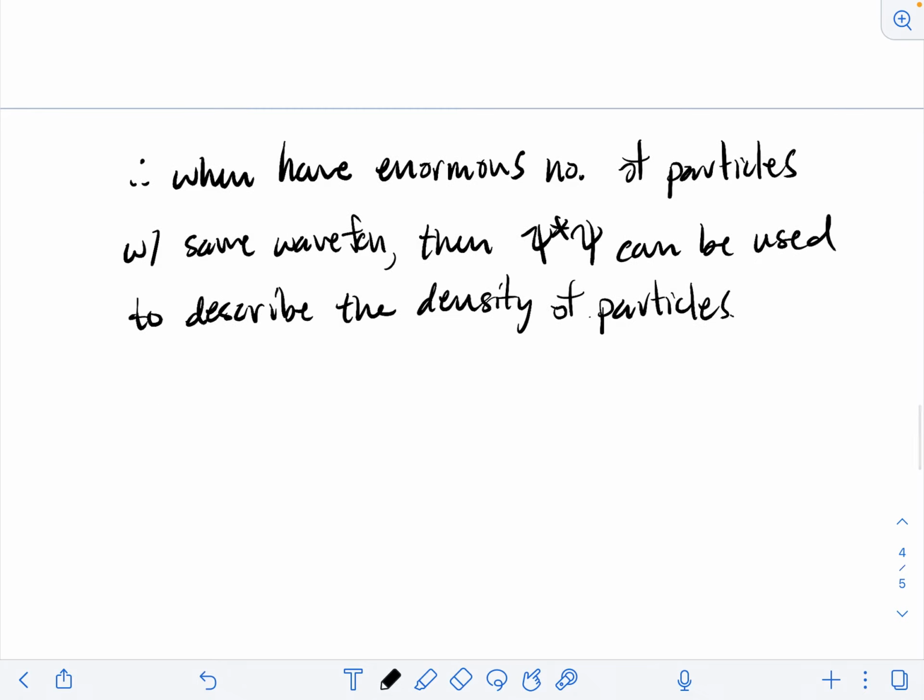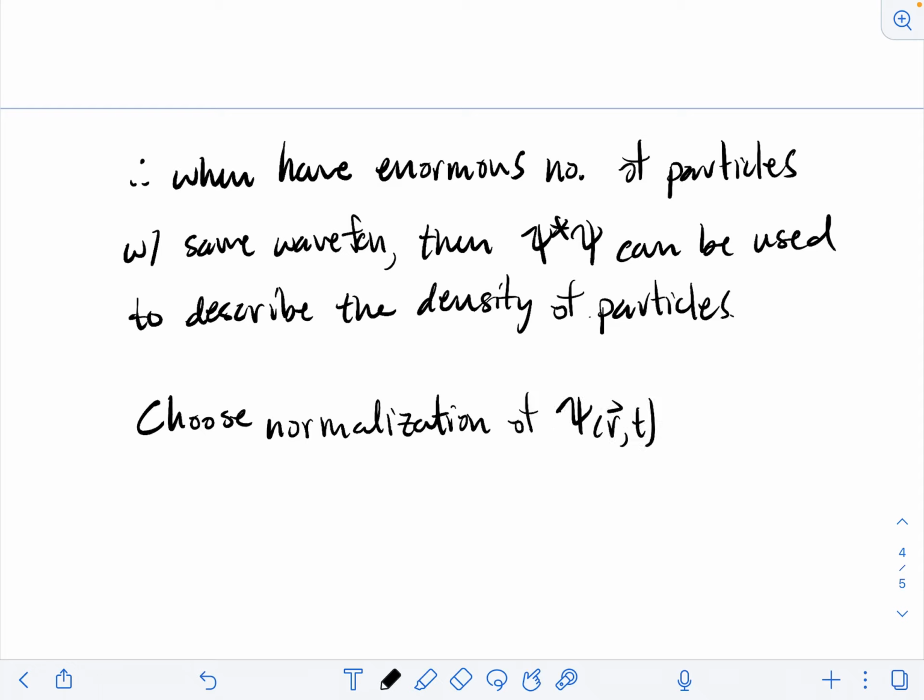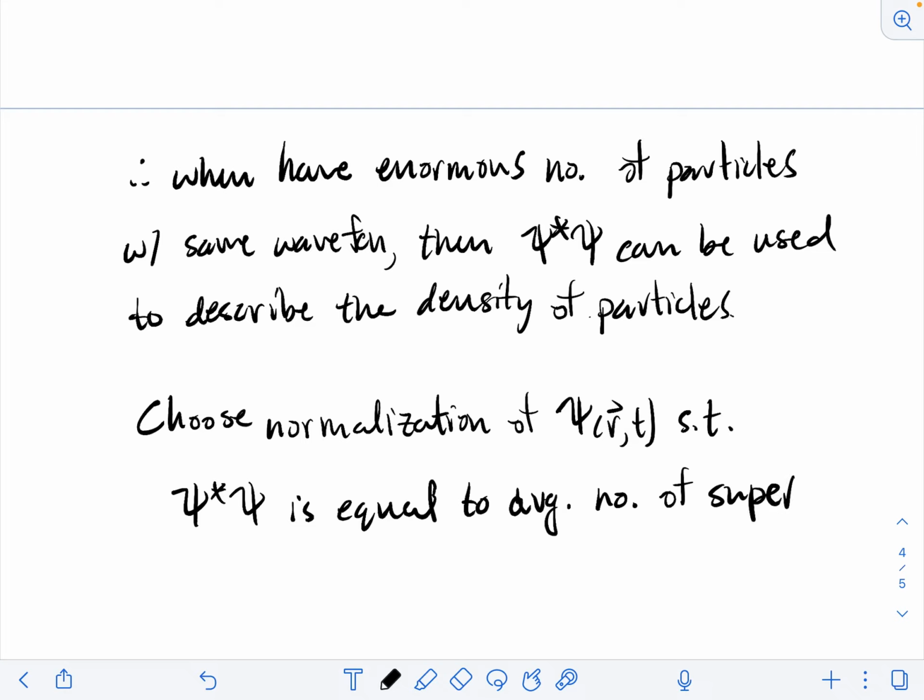So we have some choice in our normalization constant, and so we're going to choose the normalization of our wave function such that the square of the wave function is equal to the average number of superfluid atoms per unit volume, or the superfluid density.